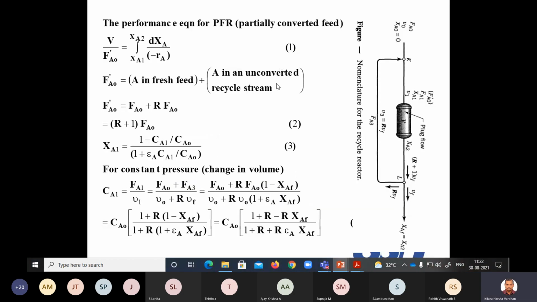Okay. Now you see the performance equation of PFR. This is nothing but this particular thing. Hope it is visible for everyone.